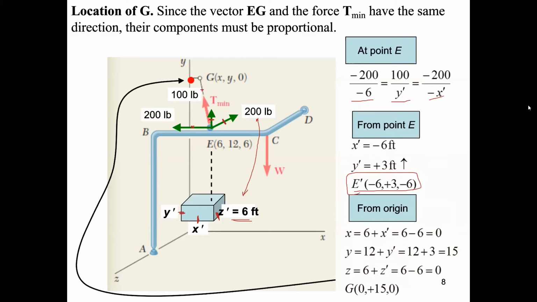The coordinate of point G measured from the point of origin of the system is the algebraic sum of the coordinates of the 2 points E prime and E. The coordinate of point G can be shown to be 0, 15, and 0.